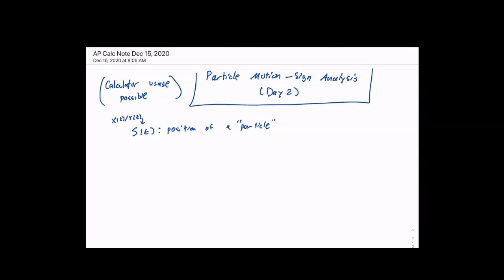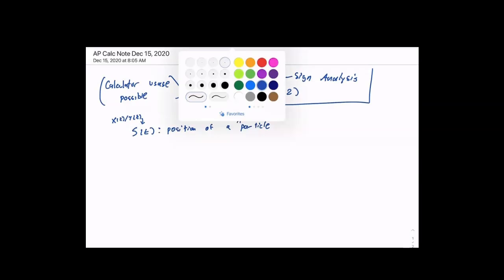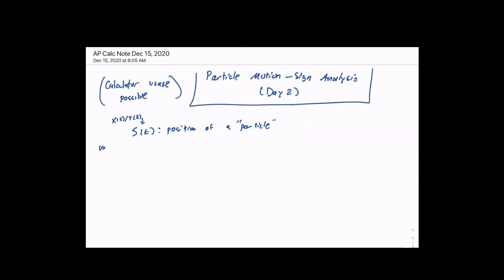V of t, the velocity, S prime of t, which we can also call V of t, is the velocity. Now, in some problems, as I noted, you may be directly given this velocity.